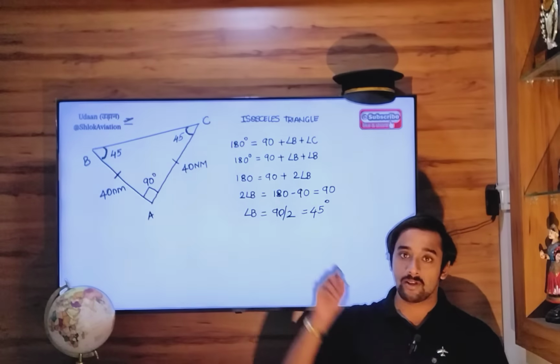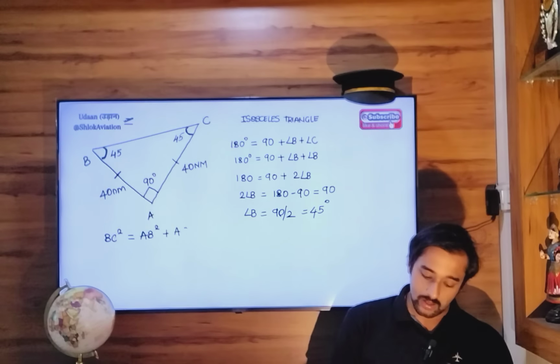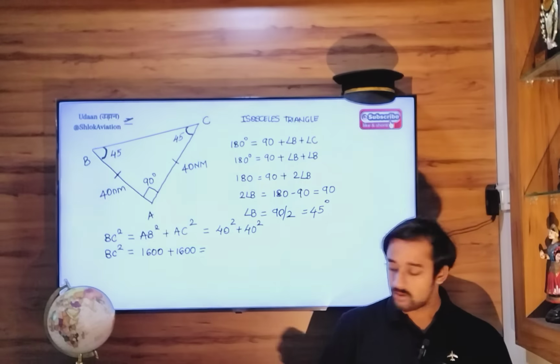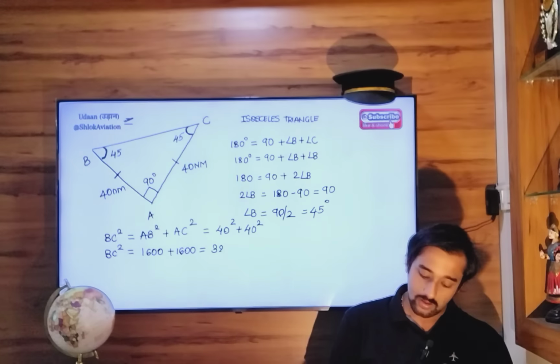So the opposite side will be the hypotenuse. So BC square will be AB square plus AC square. So 40 square plus 40 square. So BC square will be 1600 plus 1600, which is equal to 3200.